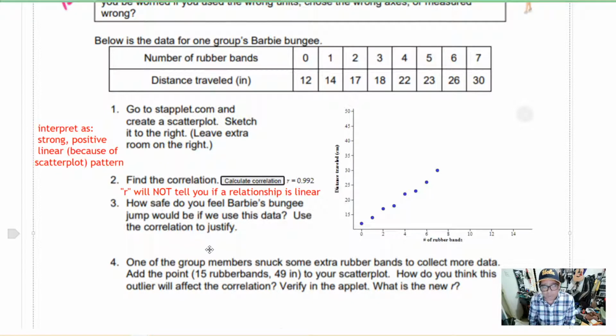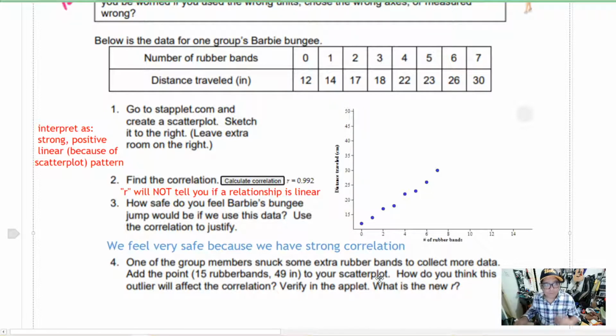There is no one variable statistic that will tell you everything you need to know about a relationship between two variable data. So, knowing that we have a strong linear relationship, how safe do we feel Barbie will be in her bungee jump if we use this data?